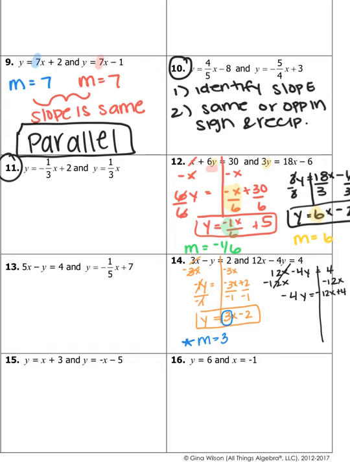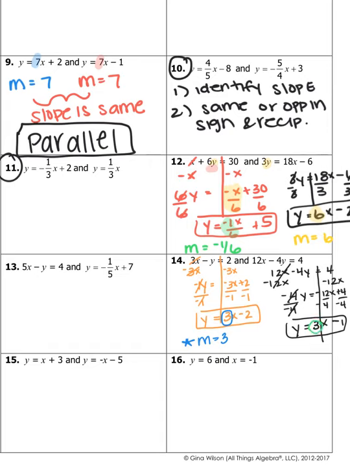All right, I'm going to have to get rid of this negative 4, and since that's like negative 4 times y, I divide everything by negative 4. My negative 4's cancel, and I'm left with y equals. I have a negative 12 divided by a negative 4, so that makes a positive 3x. Then I have a positive 4 divided by a negative 4, so that makes a negative 1. So this is my equation, y equals 3x minus 1.